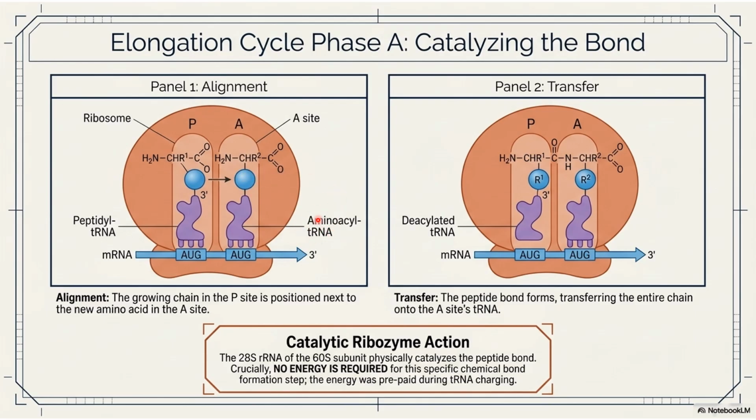What is aminoacyl tRNA? A charged tRNA with a particular amino acid. So based on this codon, the charged tRNA is accepted here. So this step is known as alignment. So it is aligned, and after this alignment, a transferring process takes place.